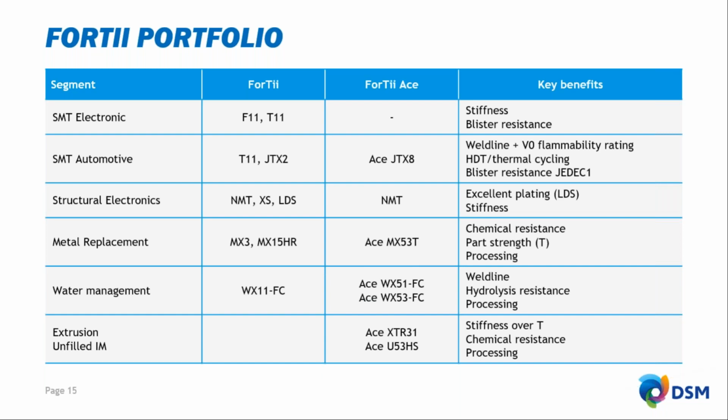We also do offer extrusion grades and unfilled grades for injection molding and extrusion. And again, that technology for rod guides is also in play today when we talk about coated pipes for downhole.